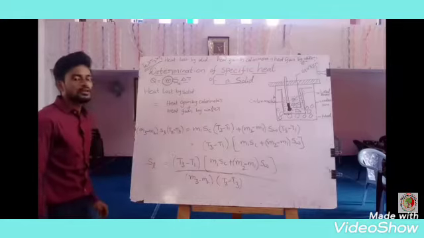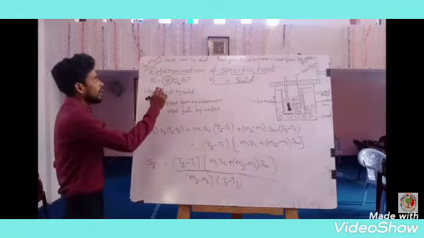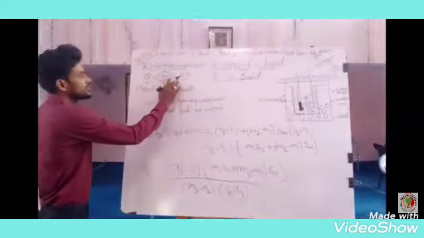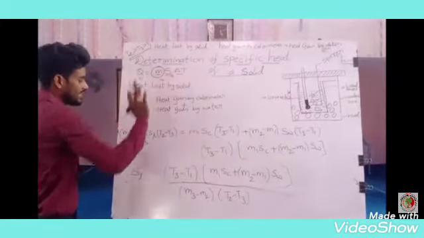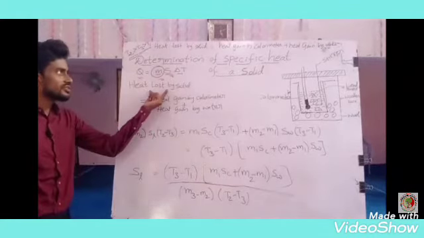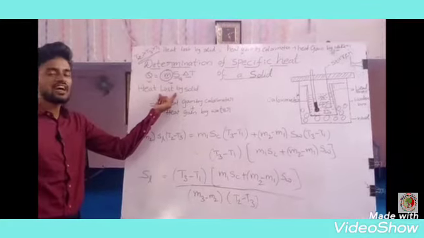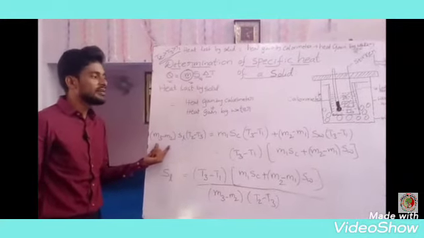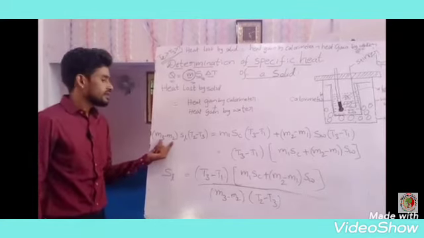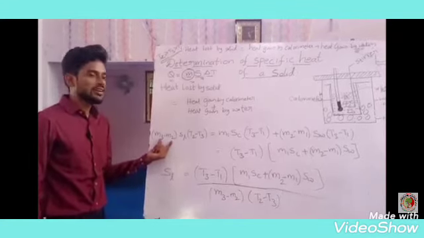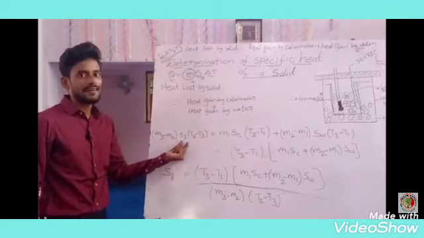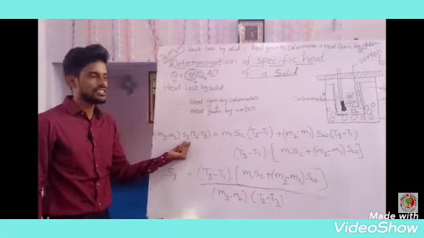Now you know well, heat should always be the product of mass, specific heat and temperature change. What about the mass of lead shots? Lead shots mass M3 minus M2. You can refer. Specific heat SL, L is nothing but lead shots.